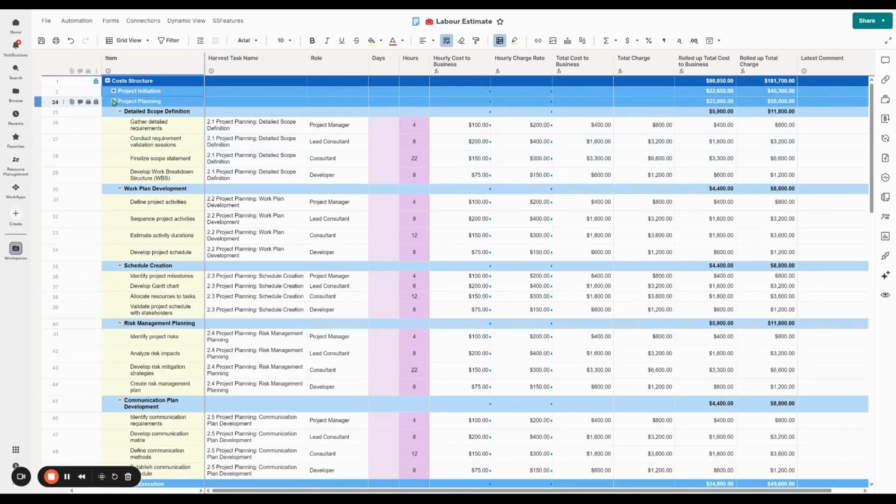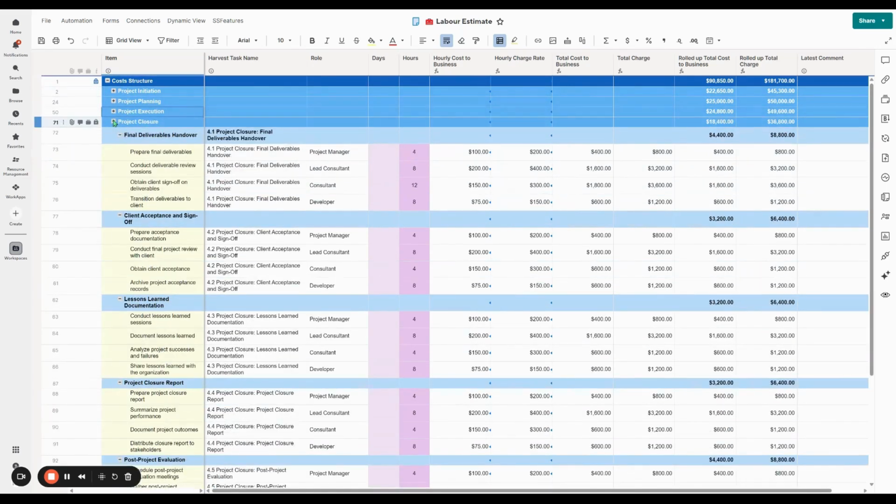So you build out the phases of the project, put in some deeper structure of the work that's happening. And you can see when you change, you'll see these details here change when you move from a consultant to a lead consultant to a project manager. The cost changes. You can say, I'm going to do it a day and 4 hours, the totals change.